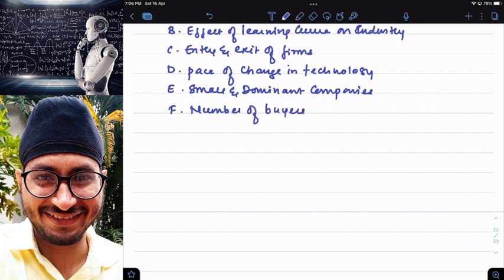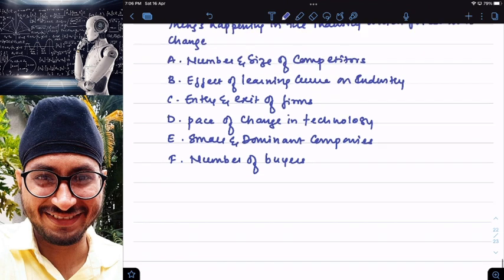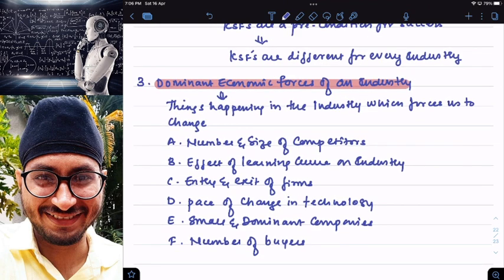When the number of buyers is high, more sales will happen, profits will increase. When the number of buyers is less, what is going to happen? Revenue and profits are going to decrease. Here, these are some examples of dominant economic forces of an industry. Clear?